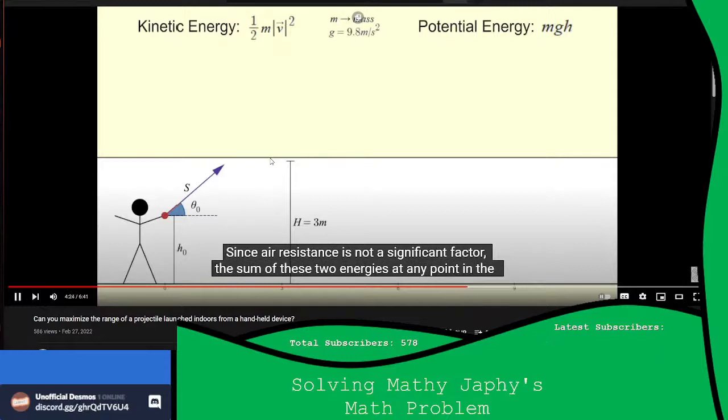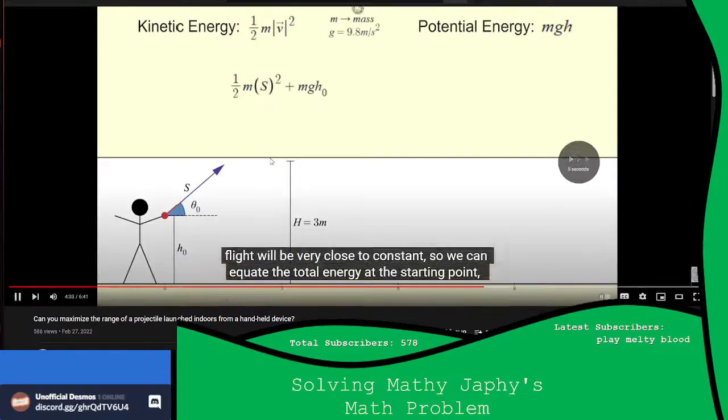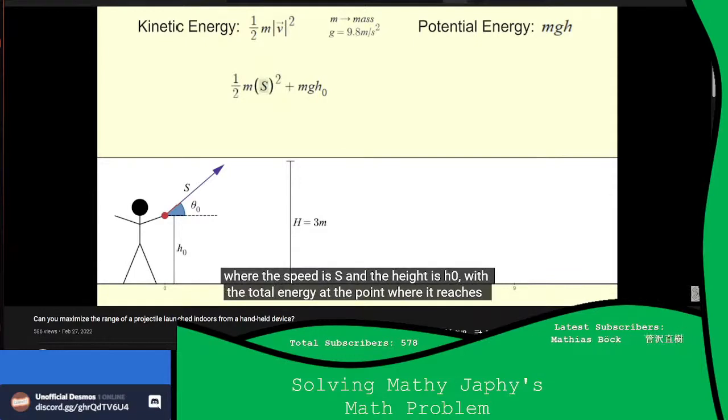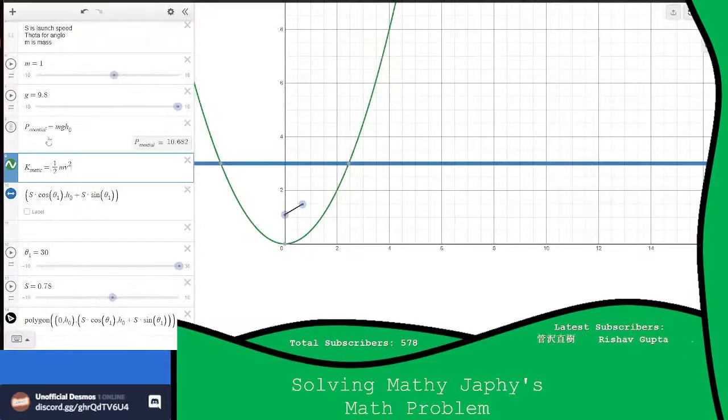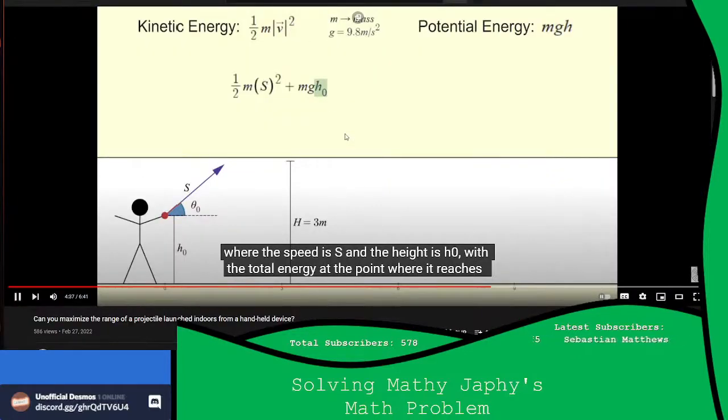And okay, so we're ignoring air resistance. Okay, so we're just taking the magnitude. Makes sense. So I can replace that with s. Get a value.